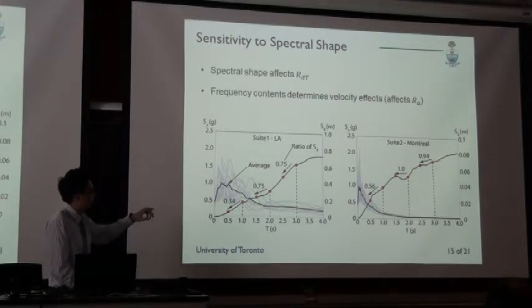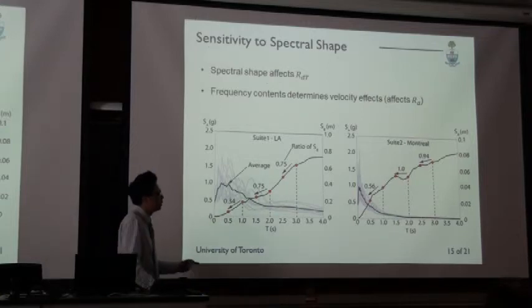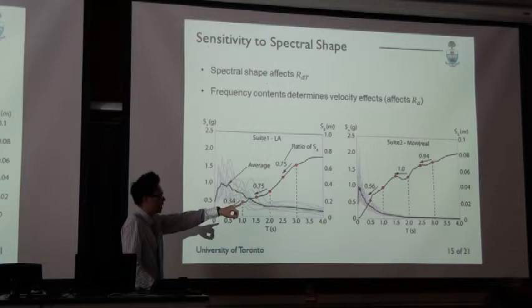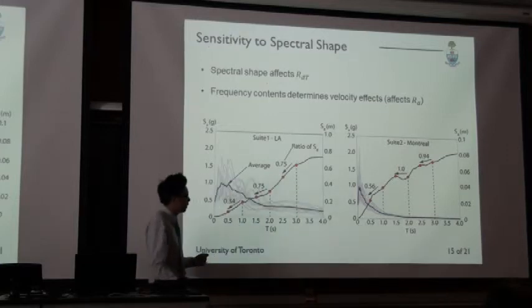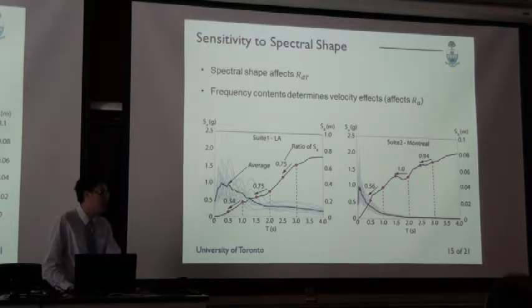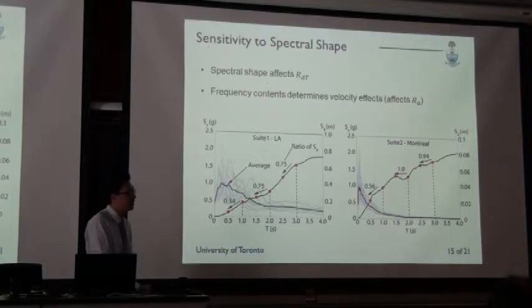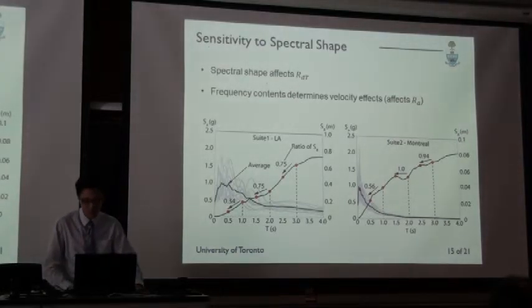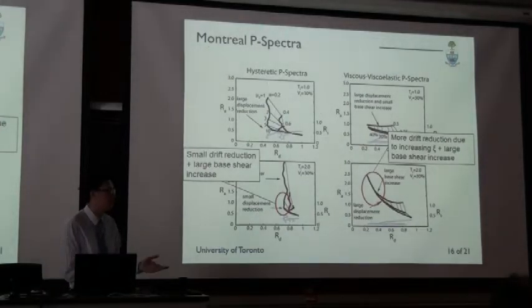And you can see that for high period structures in Montreal, which is known to have high frequency excitation, you get low to negligible reduction of the displacement by change of period. So this is an indication that at high periods, in, for example, Eastern Canada, supplemental dampers may be less effective. And this is manifested in the performance spectra for Montreal.